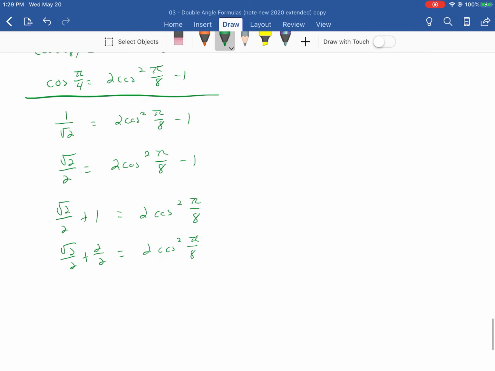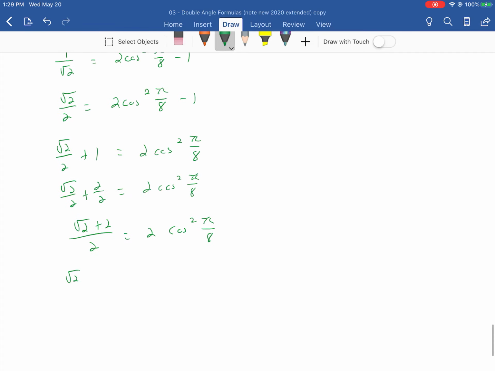And I'm going to get a common denominator there so that I can add those two fractions together. That becomes root 2 plus 2 over 2. Then I'm going to take this multiplier 2 that's out front. I'm going to divide everything by 2.